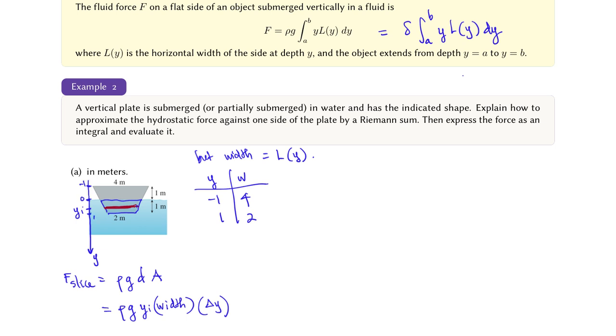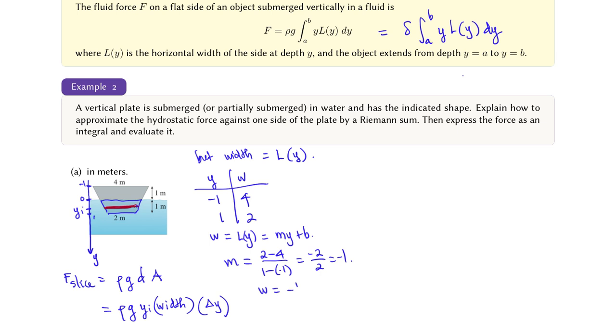When the depth is -1, the width of the slice is 4 on the top, and when the depth is 1, the width is 2 at the bottom of the trapezoid shape. The width is a function of y, W equals L of y, where this relationship is linear because the side is a straight line, whose slope is 2 minus 4 over 1 minus negative 1, which is minus 2 over 2, or negative 1.